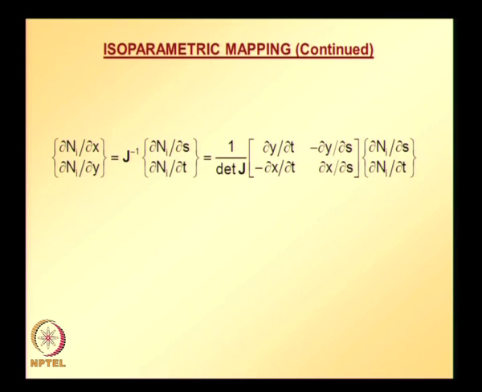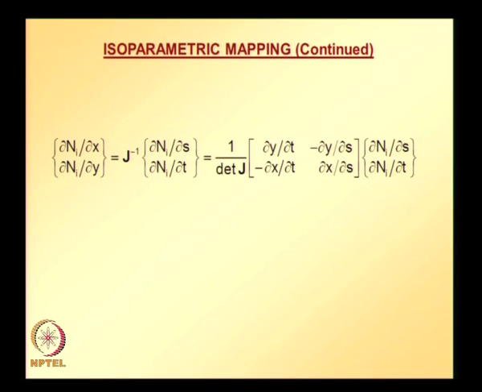So, this is the inverse relation, that is derivatives of shape function with respect to x and y are expressed in terms of derivatives of shape function with respect to s and t, for which we require the inverse of the Jacobian, which is given there, where the determinant of J is defined like this: partial derivative of x with respect to s times partial derivative of y with respect to t minus partial derivative of x with respect to t times partial derivative of y with respect to s.